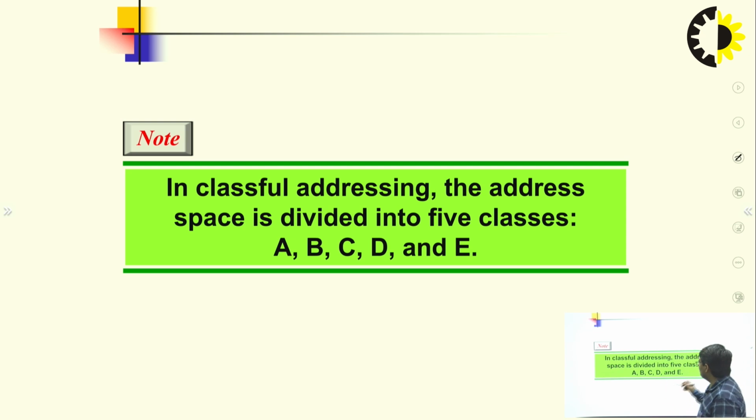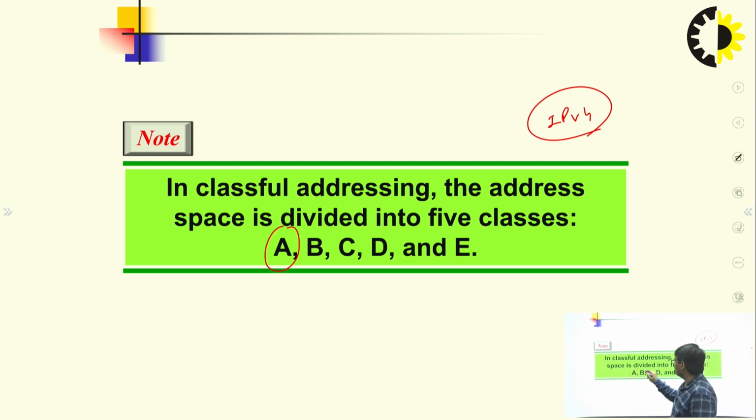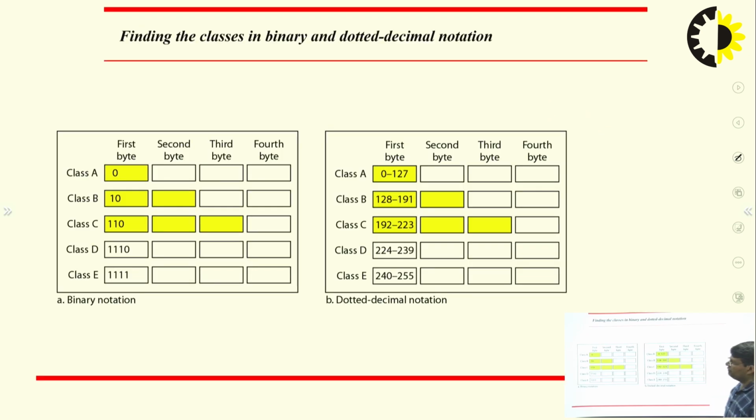These IP addresses in IP version 4 are divided into various classes. These classes are class A address, class B address, class C, class D and class E. Let's see how these are differentiated.